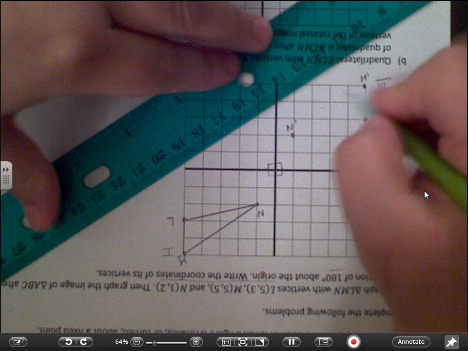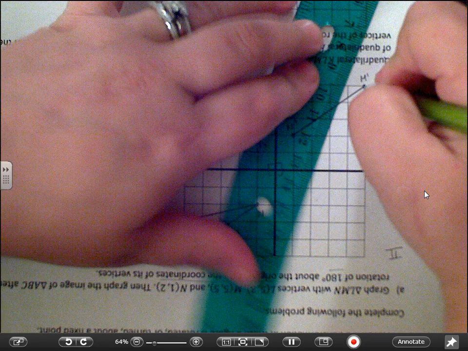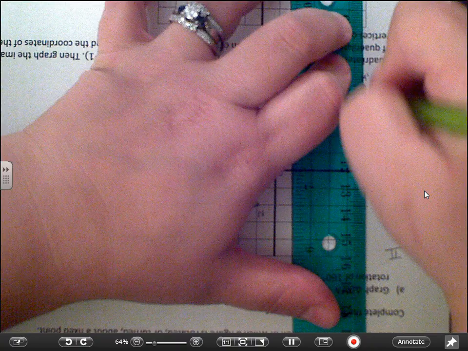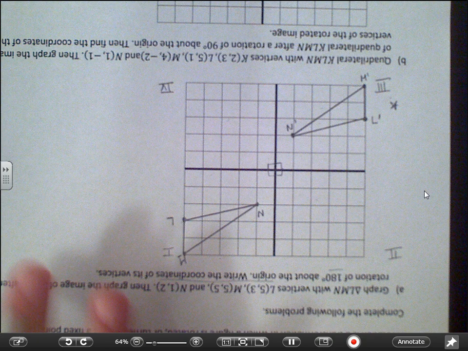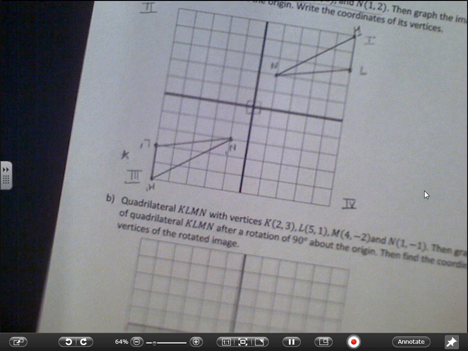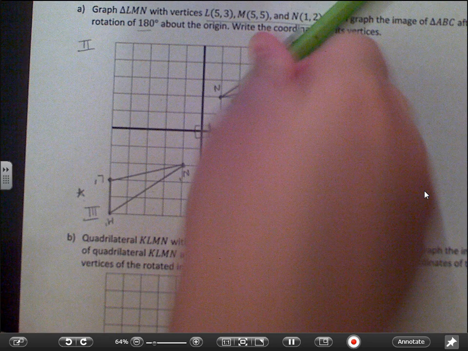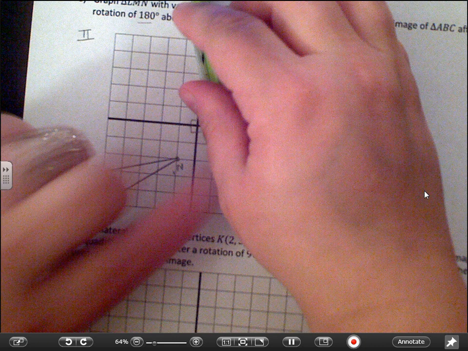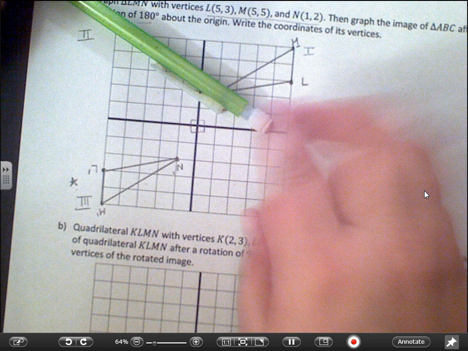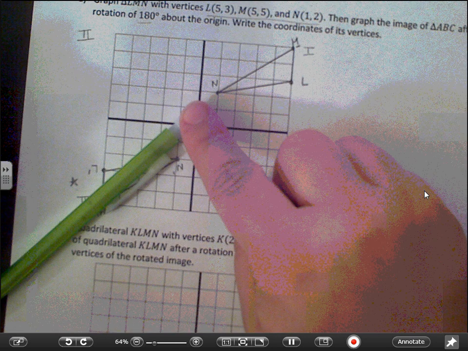Go ahead and make your triangle. Now put your paper right side up. What we have done is taken this triangle and rotated it, not 90, but 180 degrees.